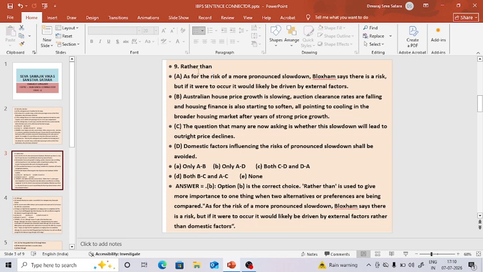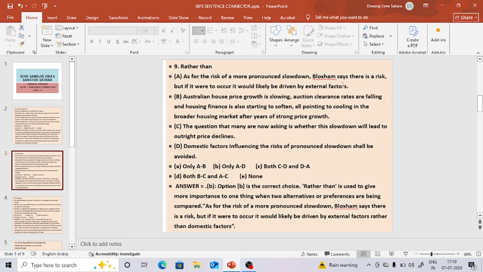So how can we use it here? See the first sentence: as for the risk of a more pronounced slowdown, Bloxham says there is a risk, but if it were to occur, it would likely be driven by external factors.